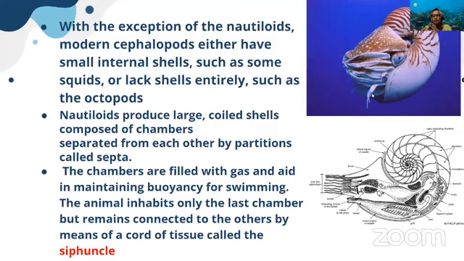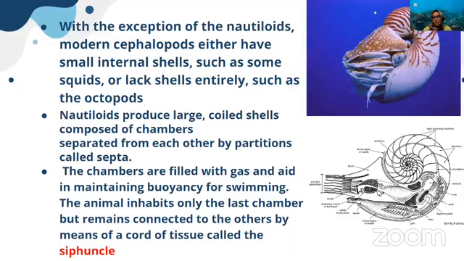When you compare nautilus to octopus, octopus doesn't have a shell. Nautiloids produce large coiled shells.